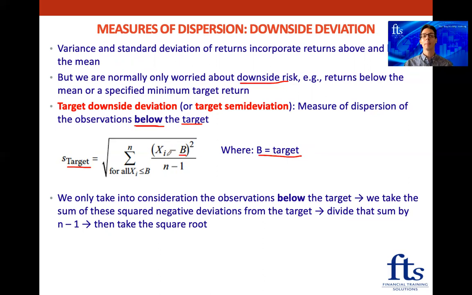So we're seeing how each and every observation is deviating from the target, but we're only going to take the observations that are less than or equal to our target. Any observation that is higher than our target, we just ignore. We don't include it in our calculations.